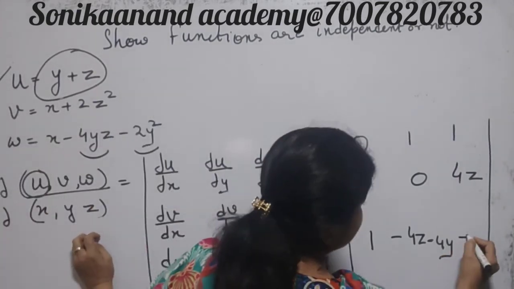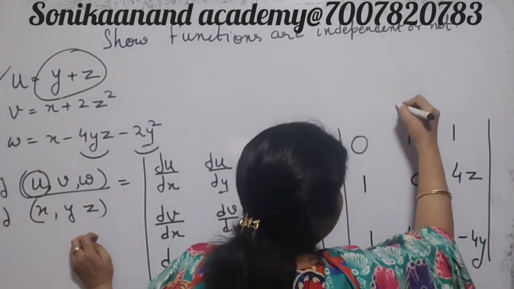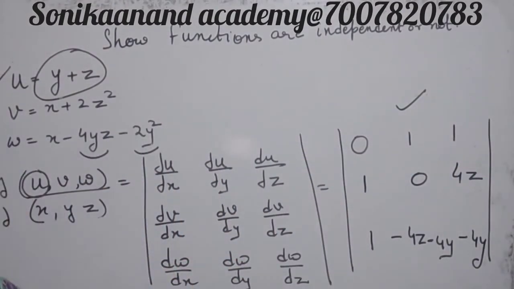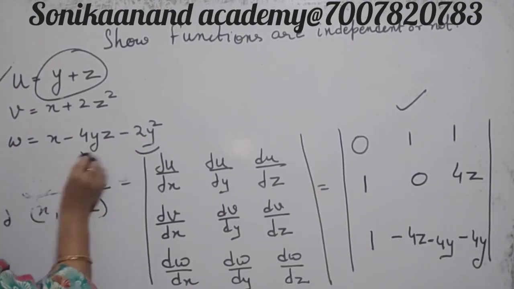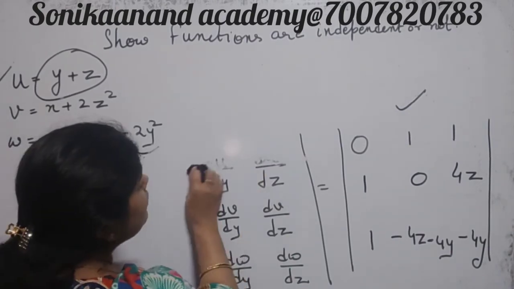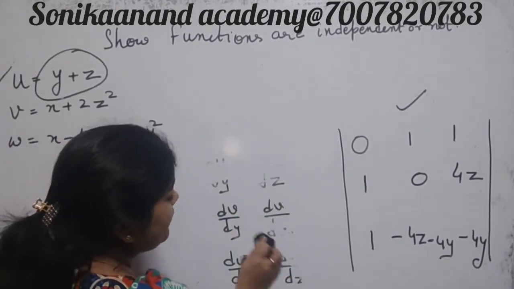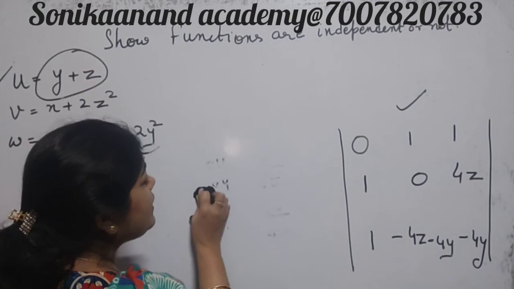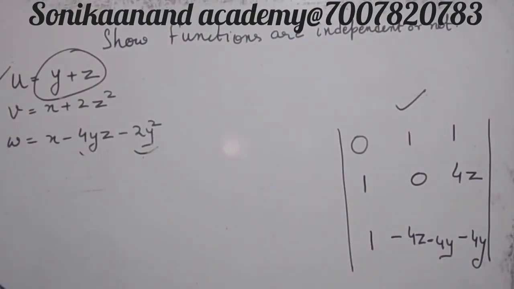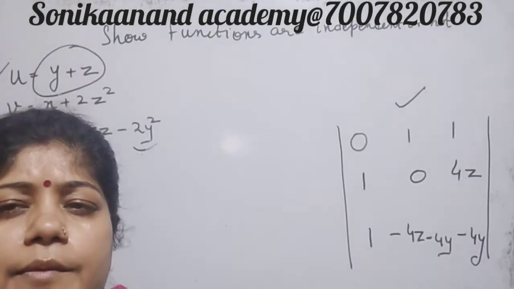Now in terms of z, it is 0, but we got the value, that is minus 4y. Okay. Now we get this determinant, and when we solve this determinant, we can easily find whether there is a relationship between these or they are independent. When it is 0, then they are not independent. They have some relationship. Relationship means they are not independent.